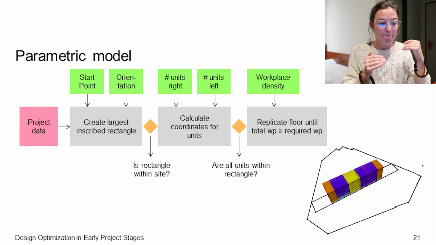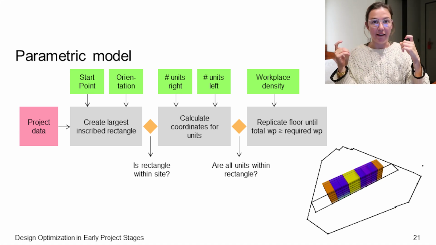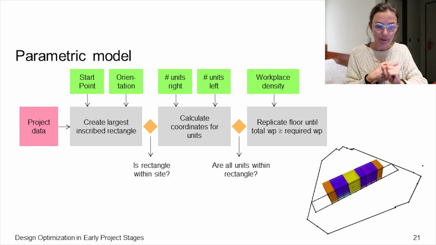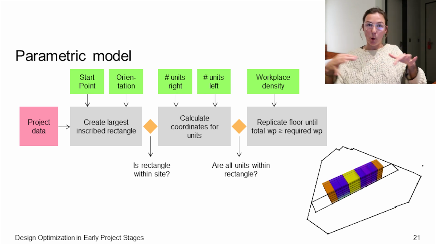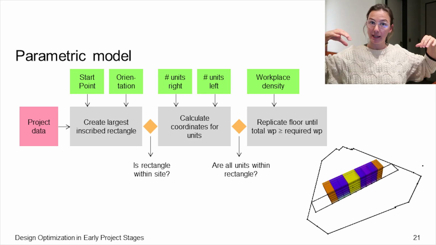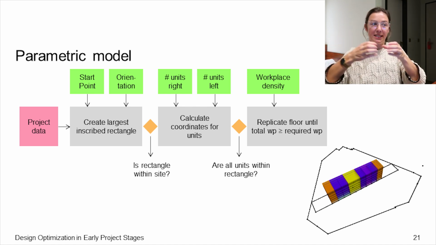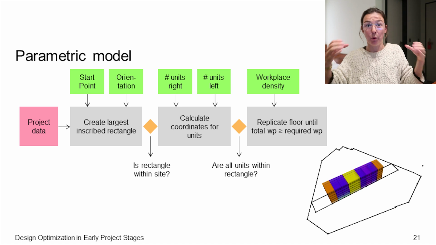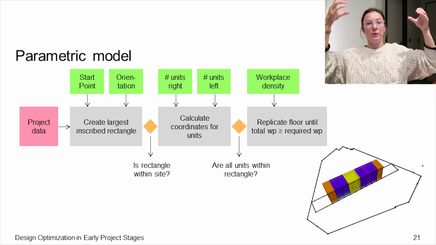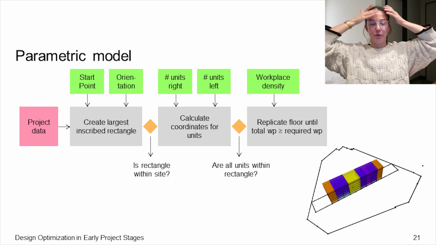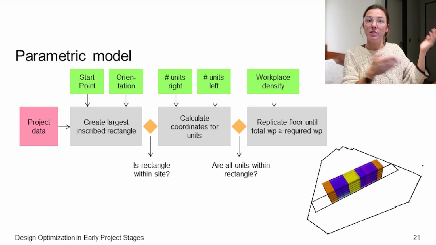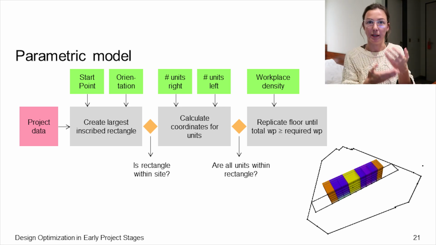And then lastly, we have a variable called workplace density that determines how densely we pack the workplaces in the units, and therefore determines how many workplaces we have per floor. And then we need to replicate the floors until we have reached the 500 workplaces in total.